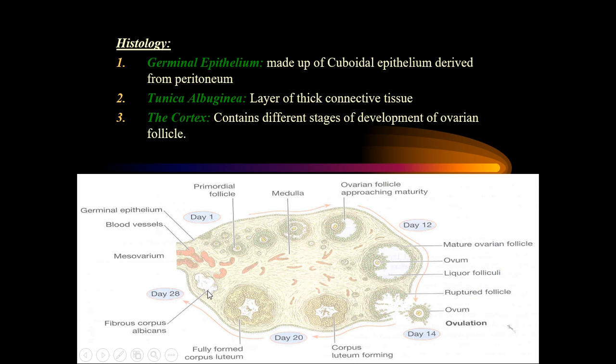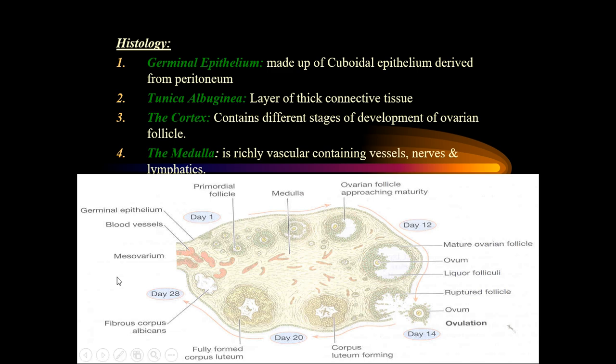Okay, and deep inside we can see the medulla, which is richly supplied with blood vessels, a lot of blood vessels, as well as nerves and lymphatics. Everything is filled in this area. Okay, so mainly the follicles will be in the cortex. The medulla will have the blood supply as well as the nerves and lymphatics.